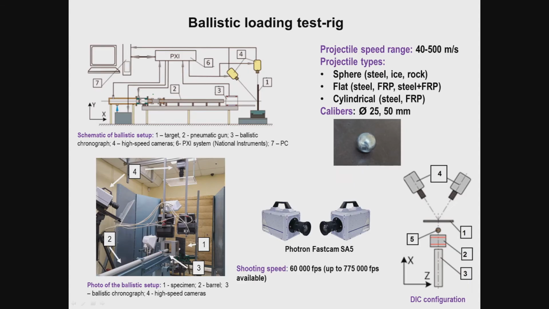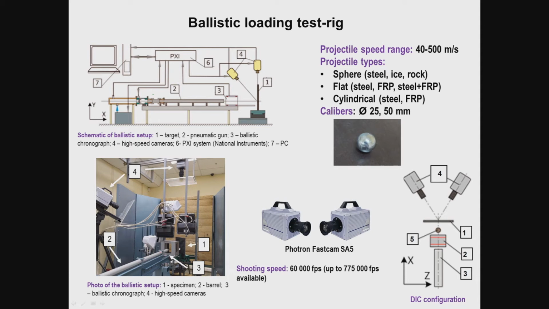So the ballistic experiments were performed on a special test rig, which contains a pneumatic gun assembled of the compressor, receiver, fast valve, and the barrel, and a ballistic chronograph to measure the muzzle velocity of the projectile, and 2 high-speed photon cameras to capture the impact event from elevated front and plan view.